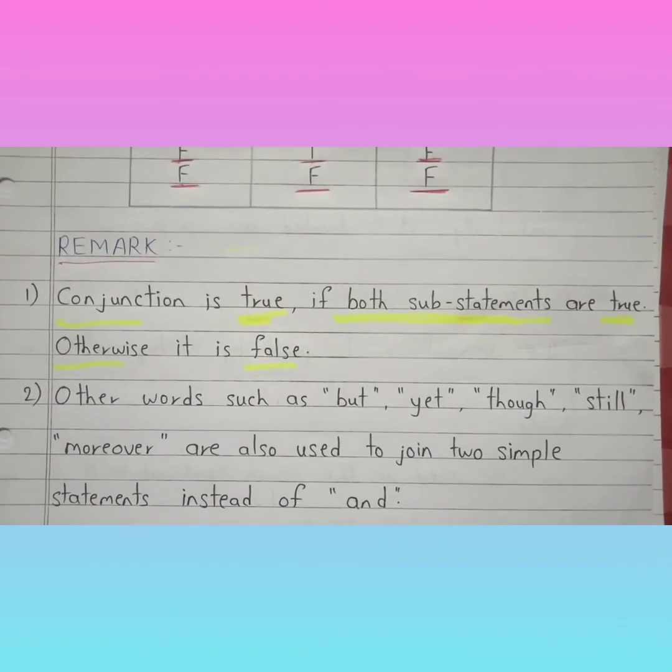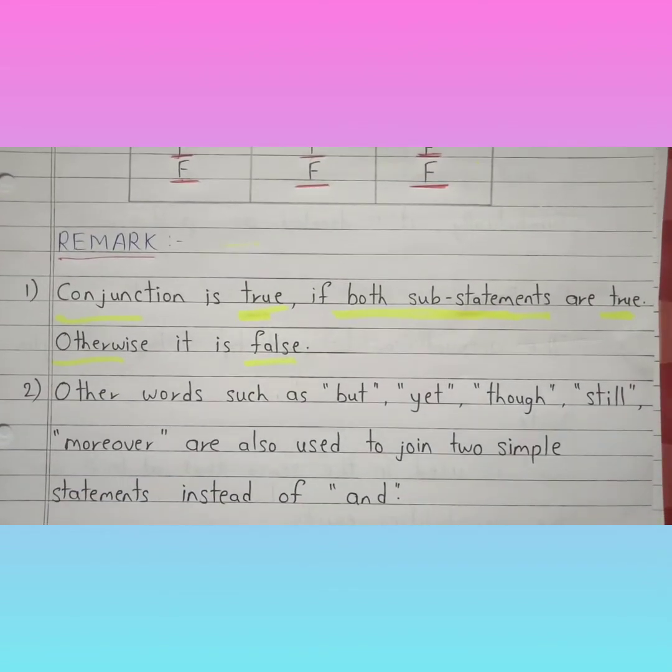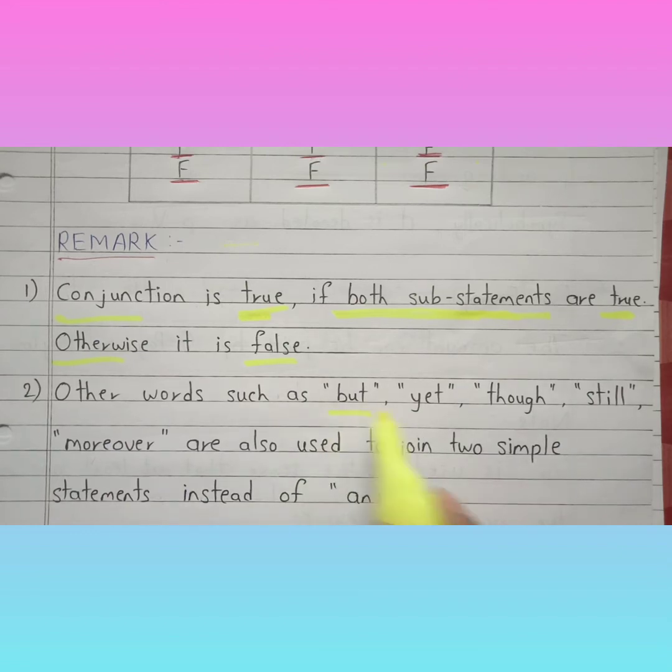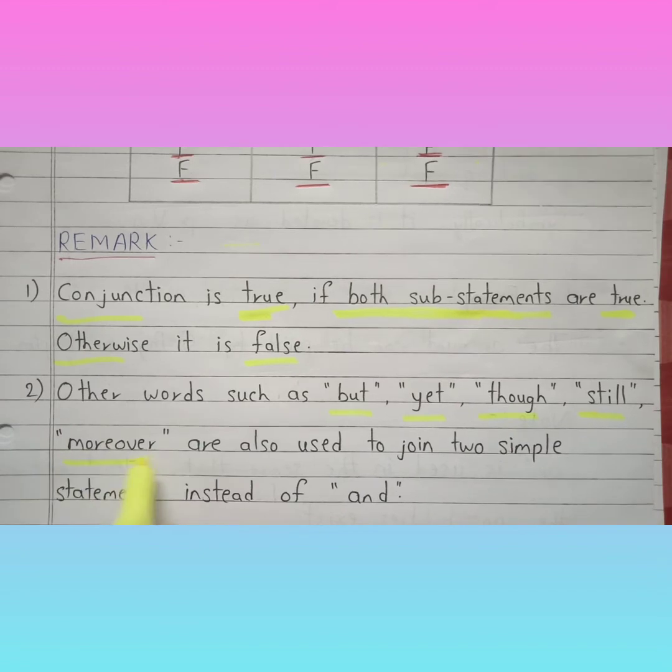The second remark is very important. It's not necessary that for conjunction you should always use the word "and". There are some other words you can use instead of "and". Which are those other words? But, yet, though, still, moreover.